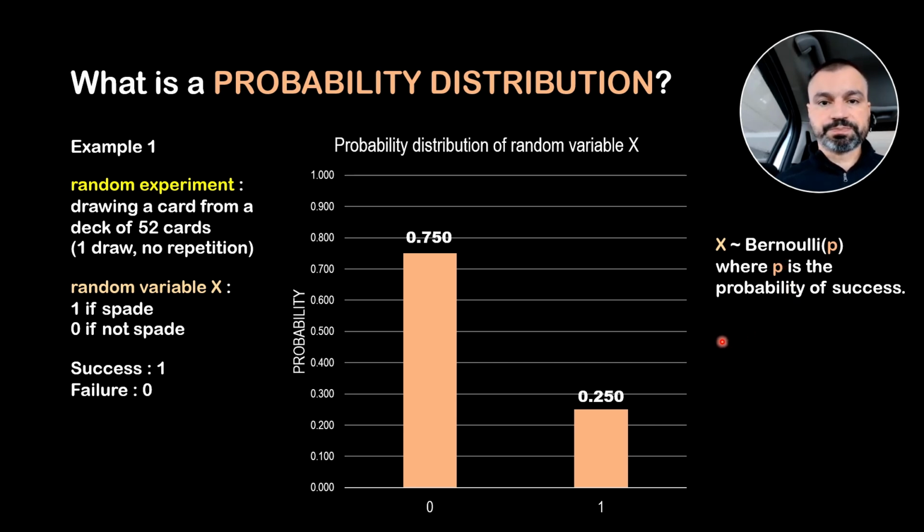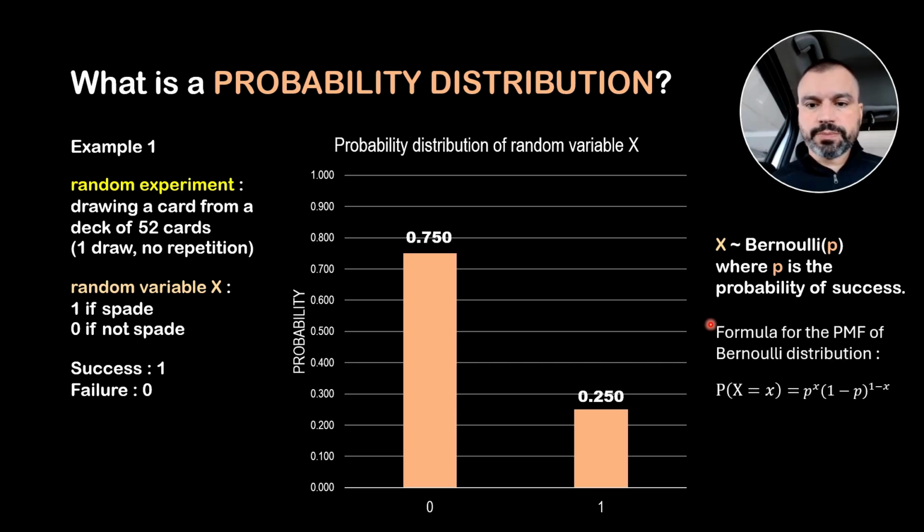Most of the time, a specific probability distribution is going to have 1, 2, or more parameters, which must be known, as well as an associated function that allows us to calculate the probability that the random variable x is equal to each of its possible values. In this case, this function is called a PMF.